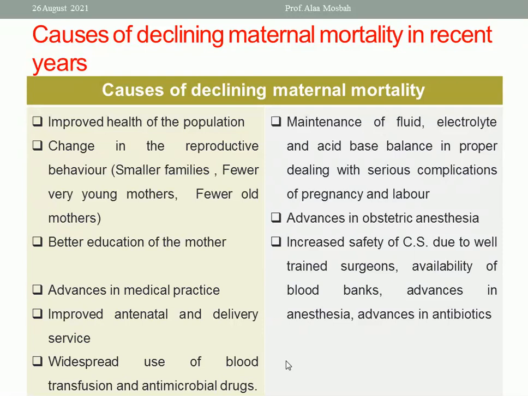Also, maintenance of fluid, electrolyte, and acid-base balance, proper dealing with serious complications of pregnancy and labor, advances in obstetric anesthesia is very important, and the varieties like epidural, spinal, general anesthesia, local anesthesia with drugs with great safety, increased safety of cesarean section due to well-trained surgeons, availability of blood banks, advances in anesthesia, and advances in antibiotics also.